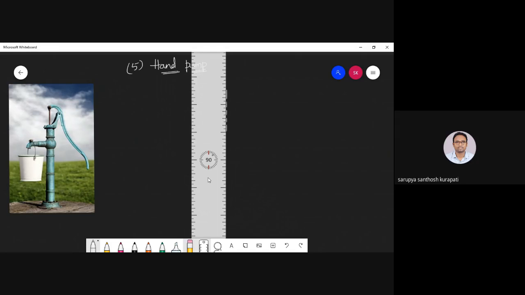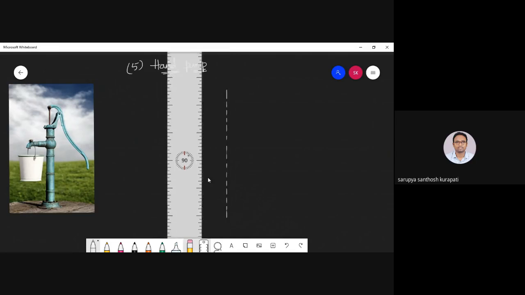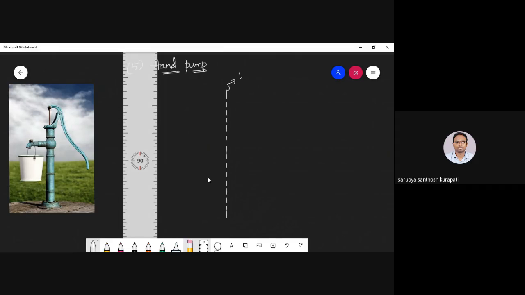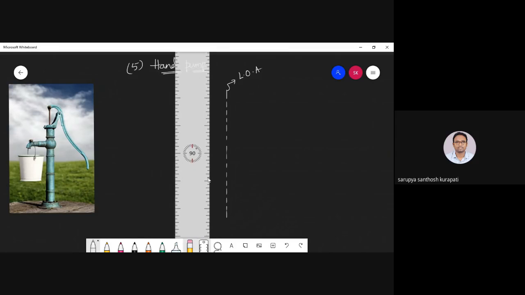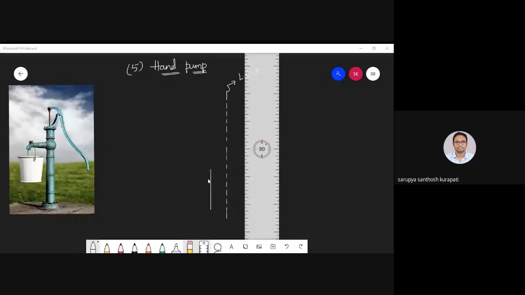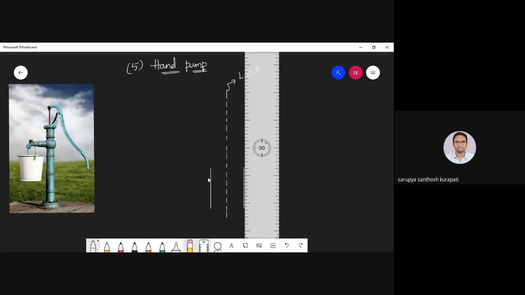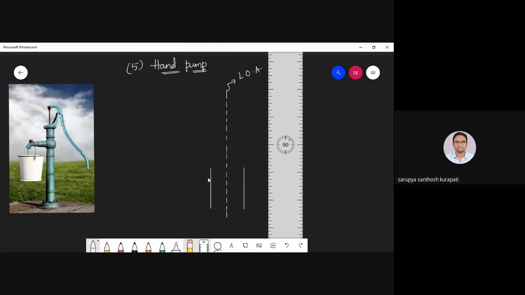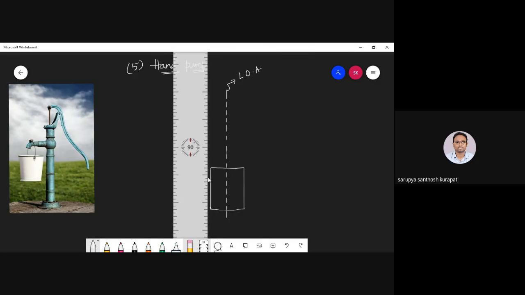So you can see this is my line of action. So here is my slider. I'm drawing it somewhat bigger. And to this, I have a cylinder.